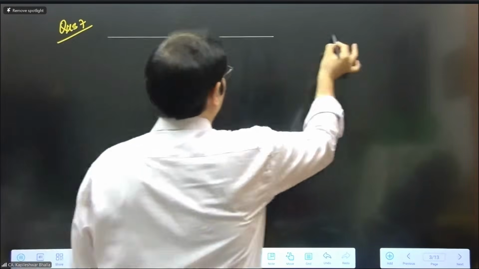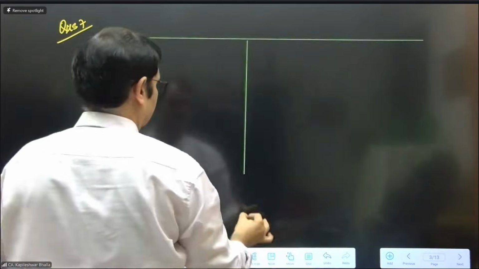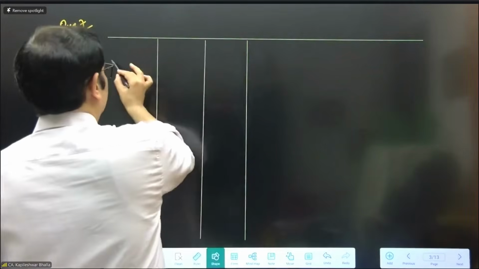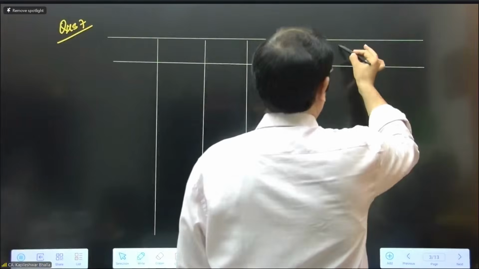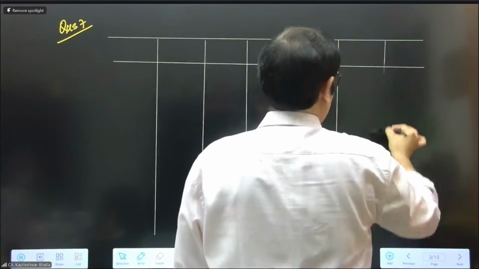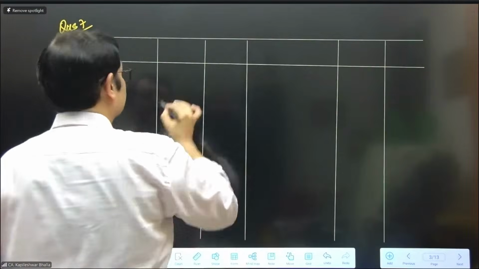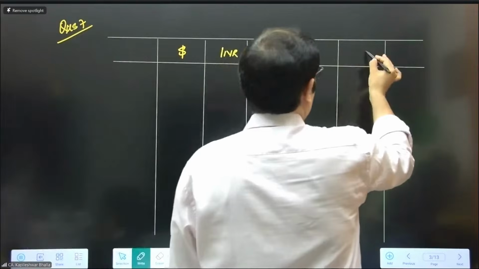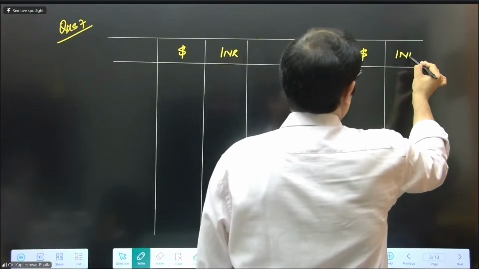So answer to the question number 7, we'll make a ledger account. And this time we're making a financial asset. So again, I'm going to consider 2 columns on the debit as well as on the credit side. One is for the foreign currency, which is USD, and the other one is Indian rupees, that is INR.